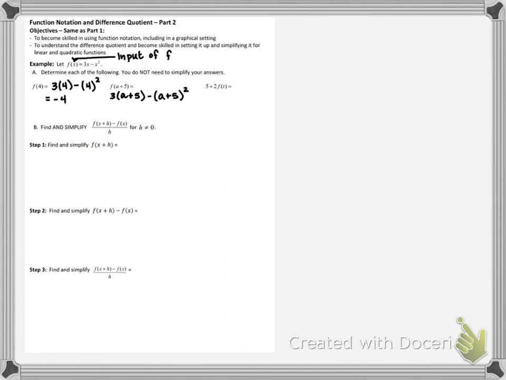Here we're going to use an input of t, so that's 3 times my input minus my input squared, but then we have to multiply that, so that's f of t, by 2 and add 5.